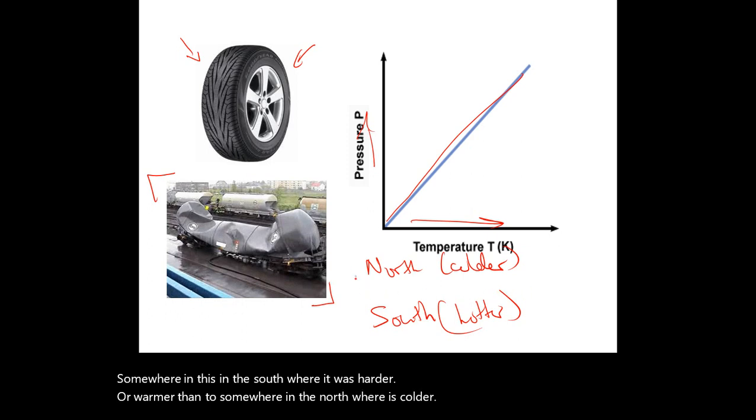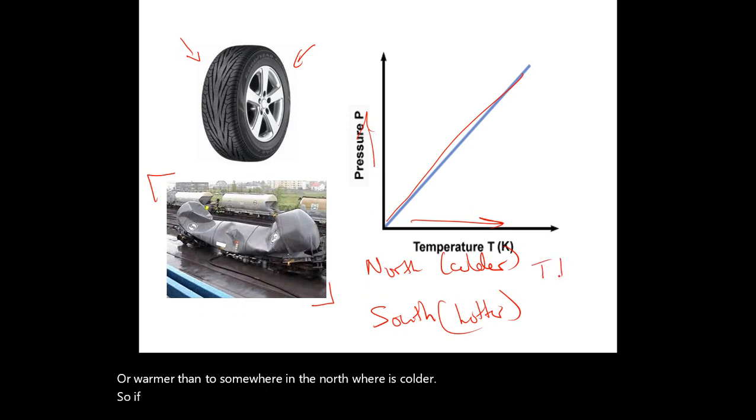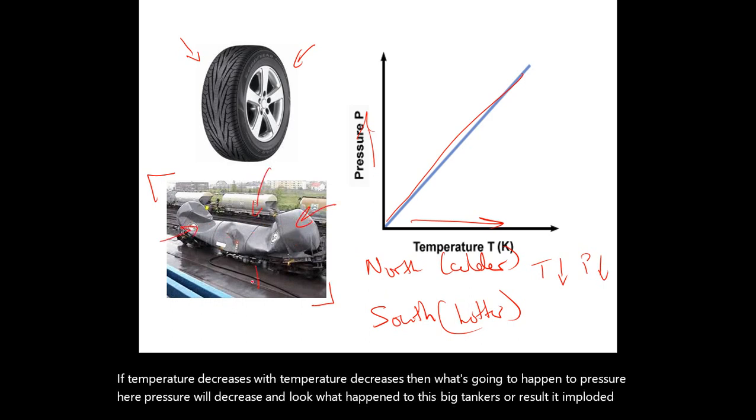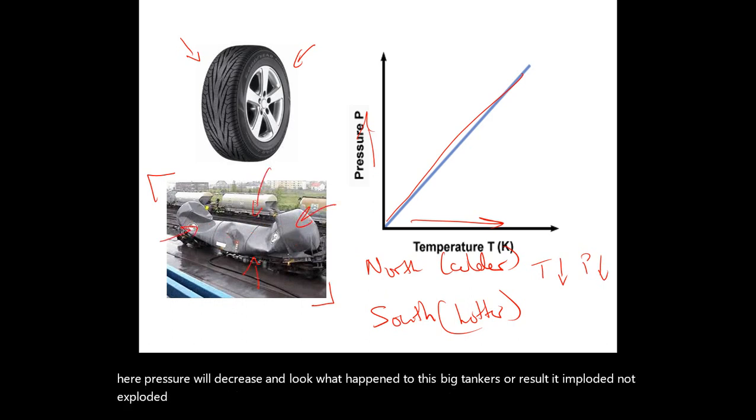So if temperature decreases, what's going to happen to pressure here? Pressure will decrease. And look what happened to this big tanker as a result. It imploded. Not exploded, it imploded because pressure decreased so much.